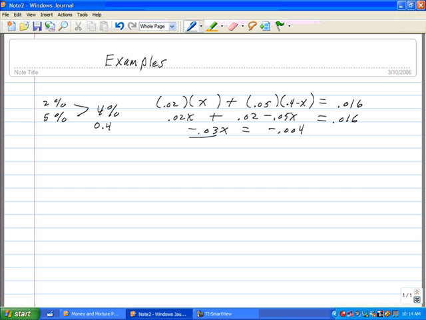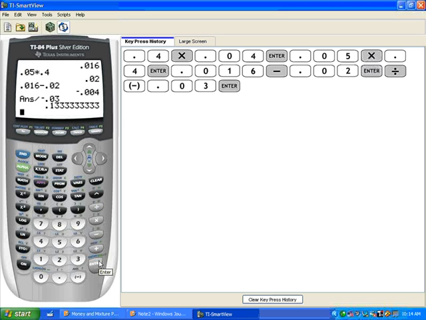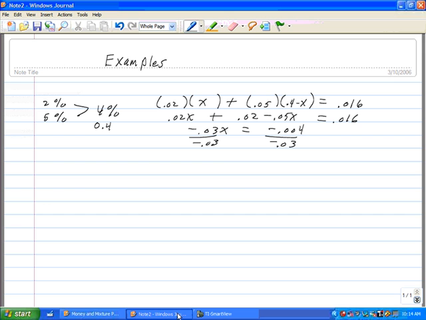And when I divide off the negative 0.03, I get a positive result. So again, another example of a mixture problem.